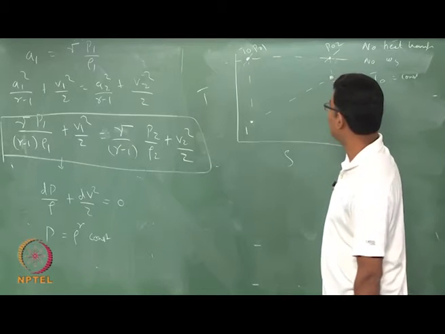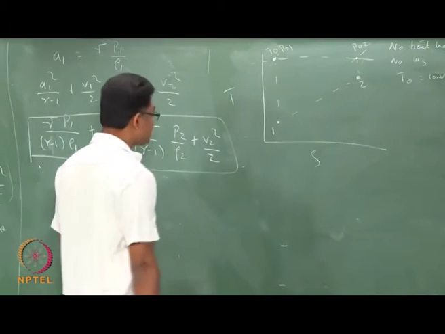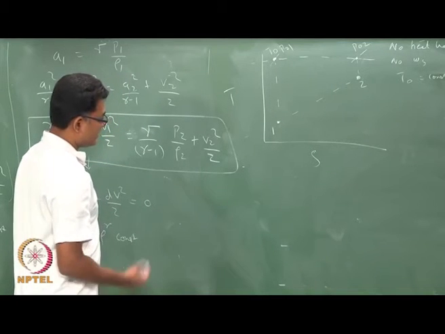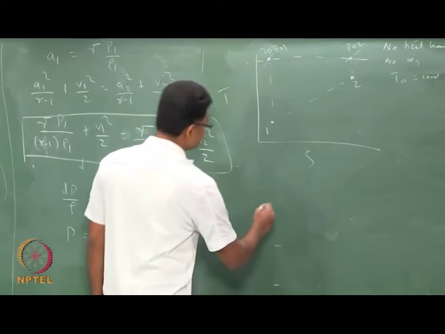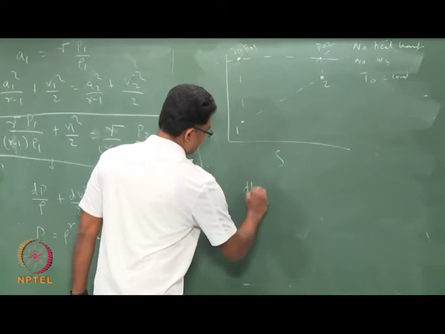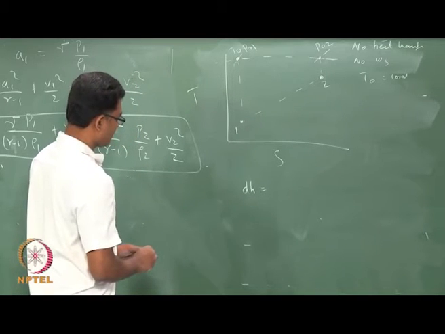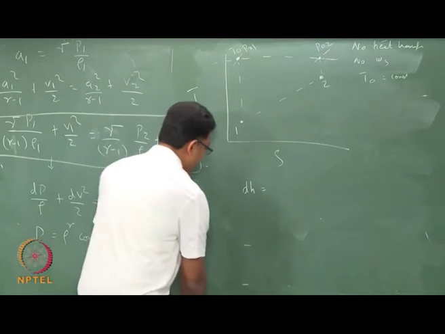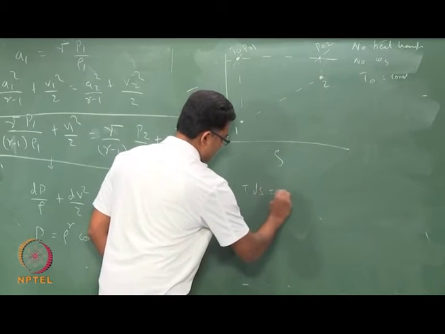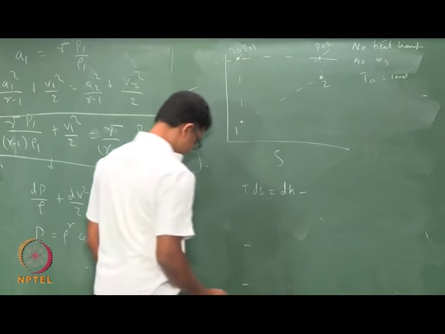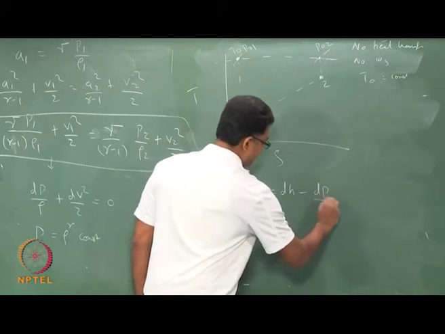Now, how do we evaluate these two? So, if I look at the Gibbs relation, my T dS equals dH minus dP by rho.